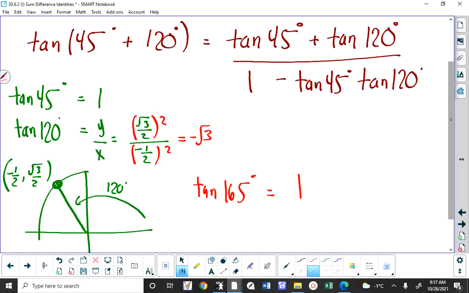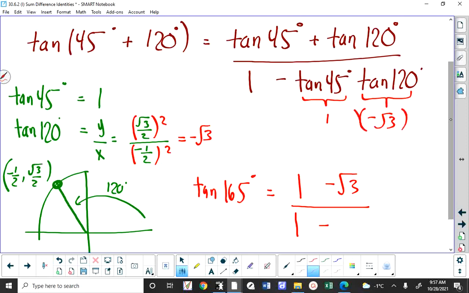That is tan of 45, which is 1, plus tan of 120, which is negative root 3, over 1 minus tan of 45, which is 1, times tan of 120, which is negative root 3. 1 times negative root 3 is negative root 3, so we have 1 minus negative root 3, which is 1 plus root 3.